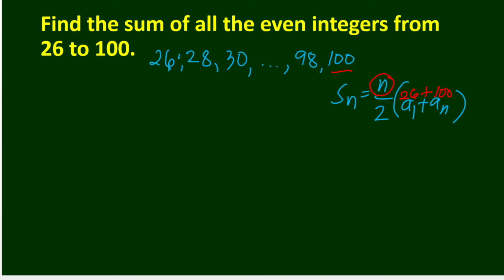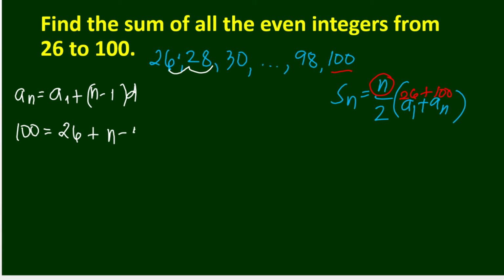So, we have a of n is equal to a of 1 plus n minus 1 d. Ang common difference natin will be 2 kasi even numbers yan. So, a of n natin is 100. Yung last term is equal to first term, which is 26 plus n minus 1, hindi natin alam yung n, yun yung sinisearch natin, times 2.